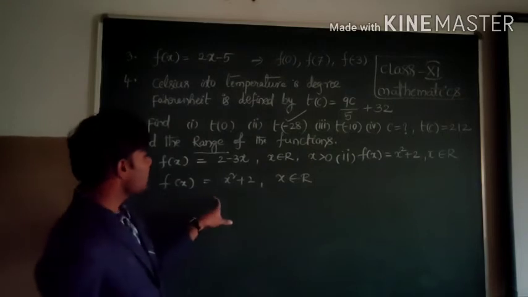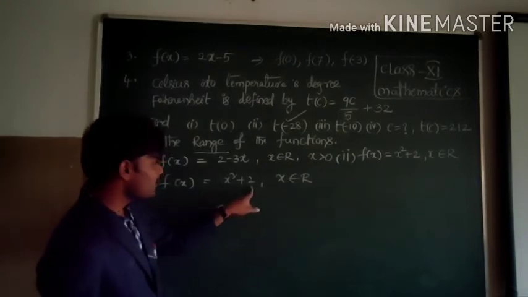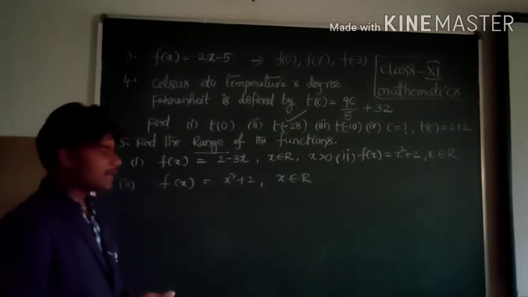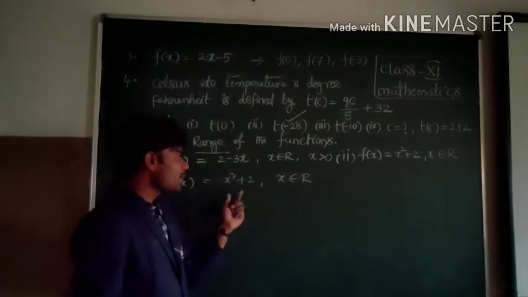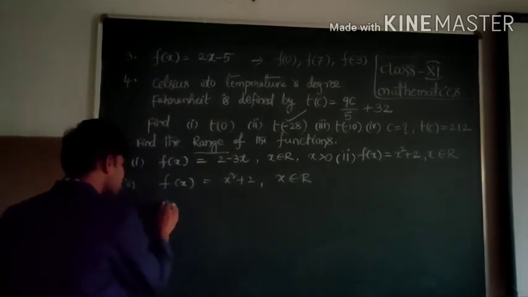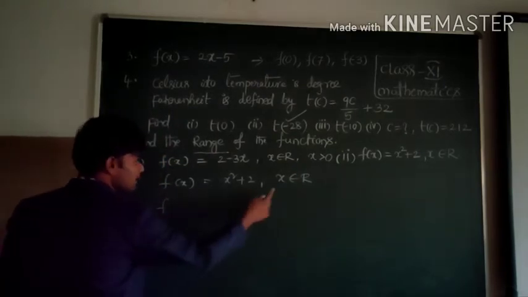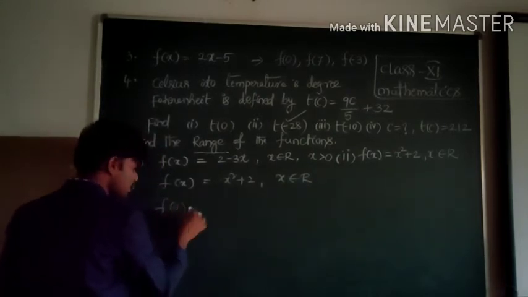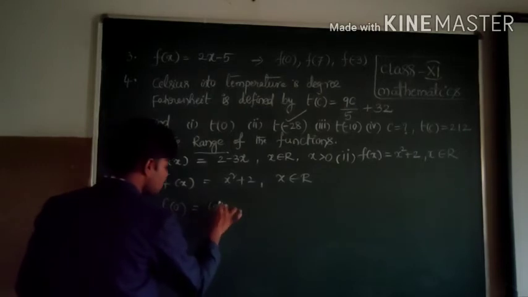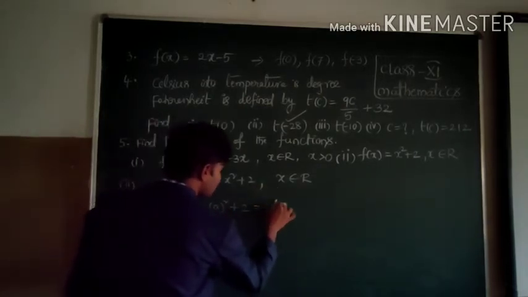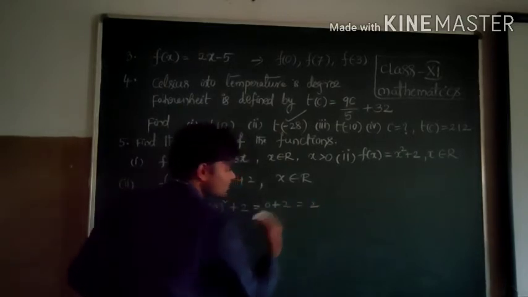When the value of x square plus 2 is maximum, then f of x is maximum. If the x value is minimum, then f of x is also minimum. First I am considering x belongs to R. Take f of 0: 0 whole square plus 2, that is equal to 0 plus 2, which is 2.